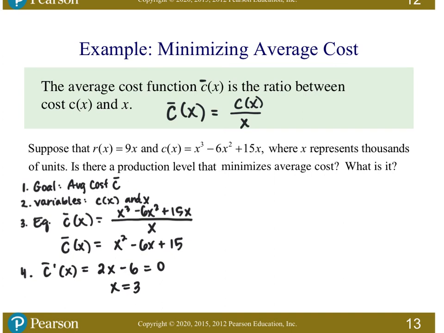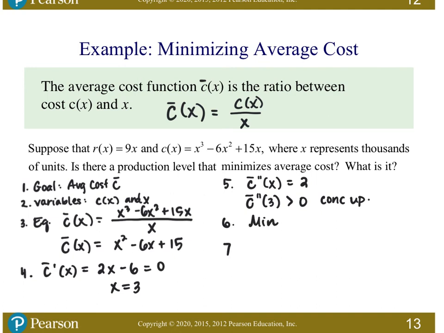Well, we want to check the second derivative, so C bar double prime. And C bar double prime is just 2, which means that it is greater than 0, which means it's concave up. And so the second derivative test confirms that it is a minimum.